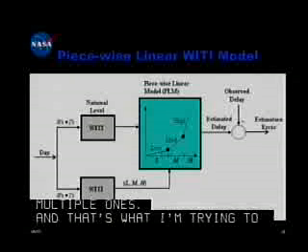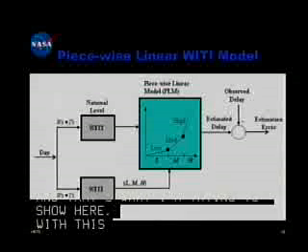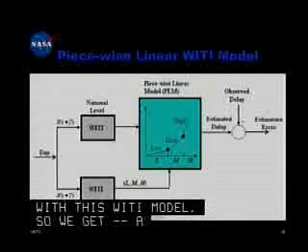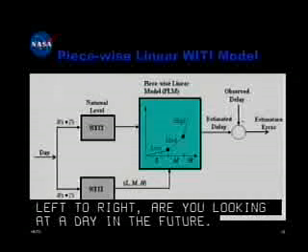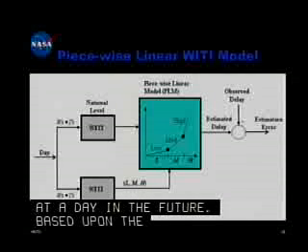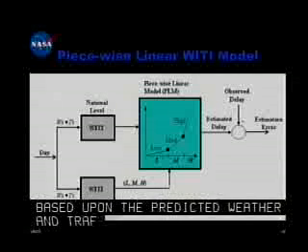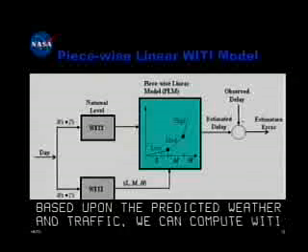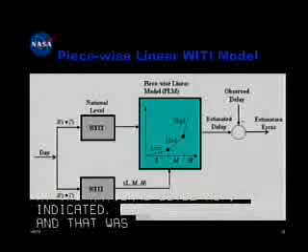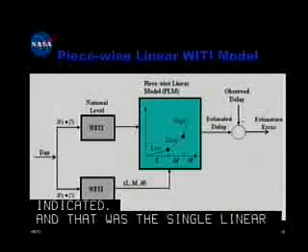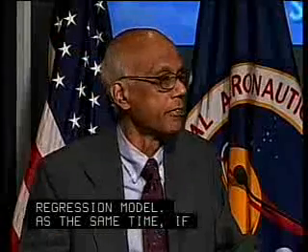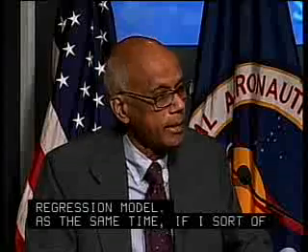As you go from left to right, you are looking at a day in the future. Based upon the predicted weather and traffic, we can compute a WITI at the national level, as I indicated, and that was the single linear regression model. At the same time, I can group tomorrow's delay into 3 different areas: low, medium, and high.